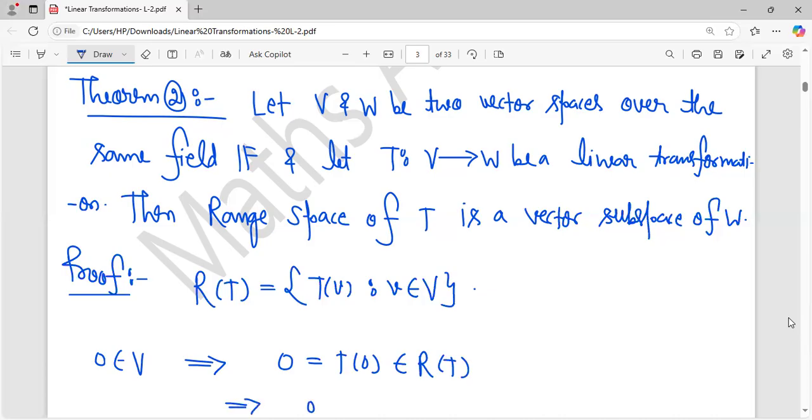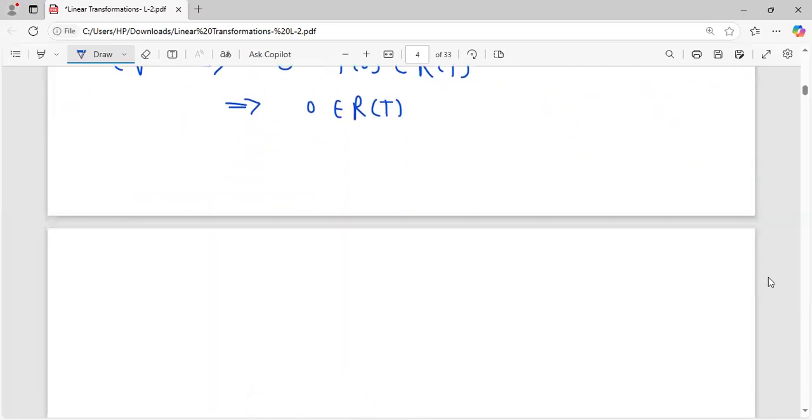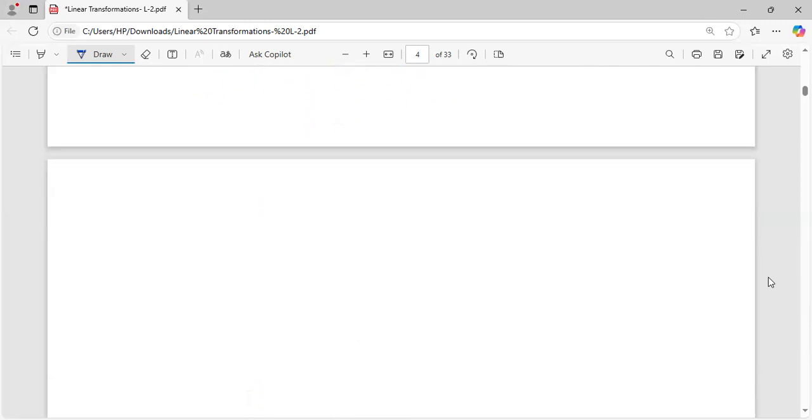So this implies 0 belongs to R(T). This implies R(T) is not equal to empty set.